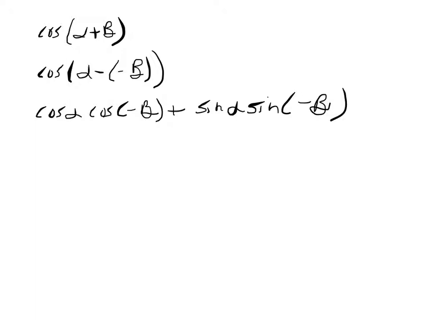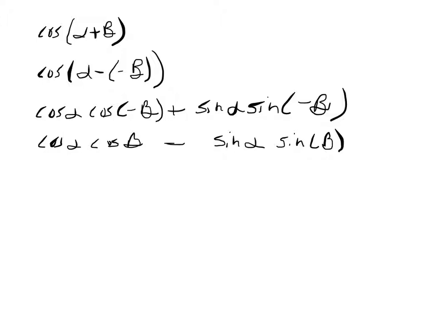Well, what's the cosine of negative beta? The cosine of negative beta from chapter 8 was the cosine of beta. So this is cosine of alpha, cosine of beta. Now over here, the sine of negative beta is the negative sine of beta. We'll rewrite that as the negative of the sine of beta, and we're just going to put that negative sign out front.